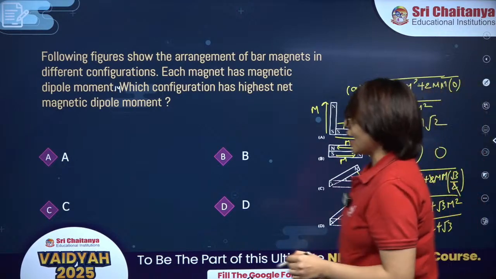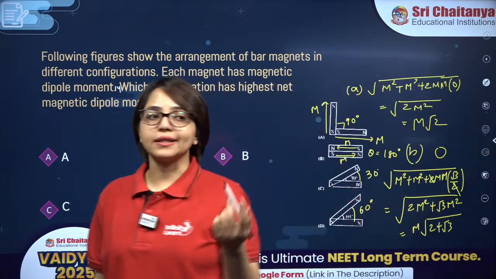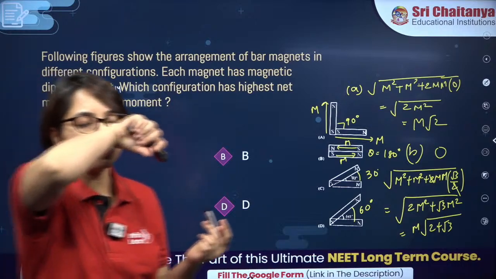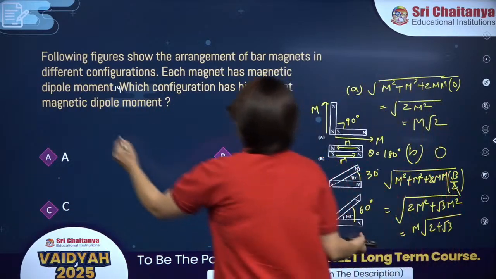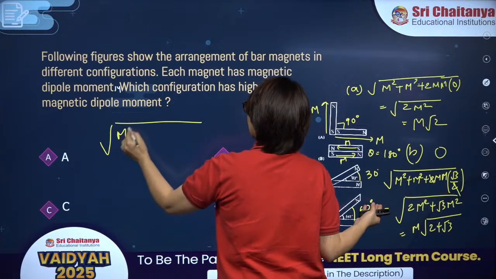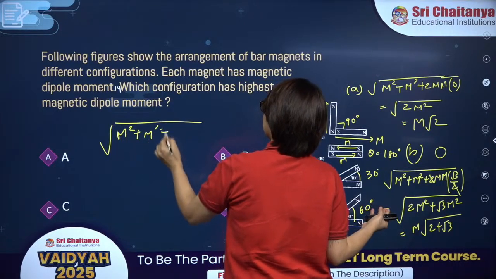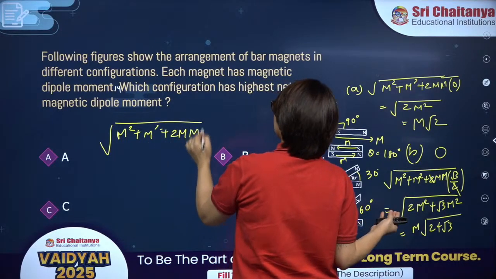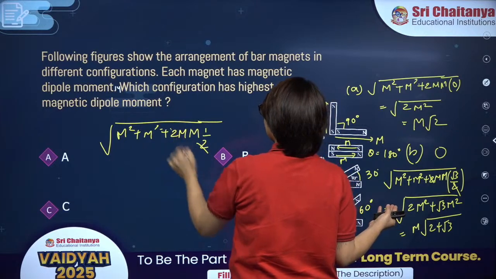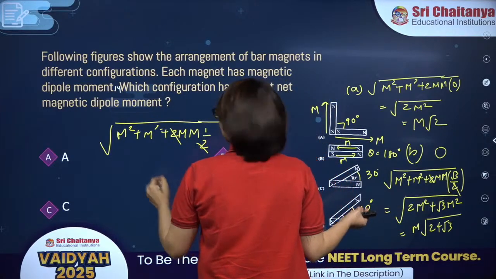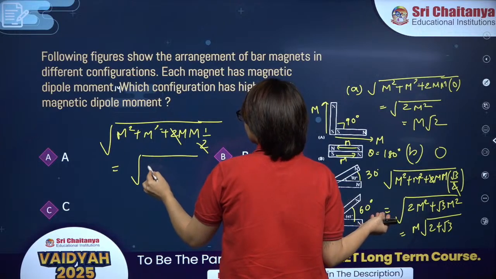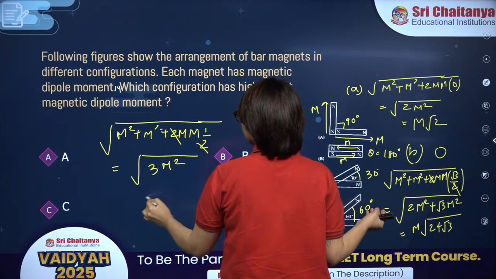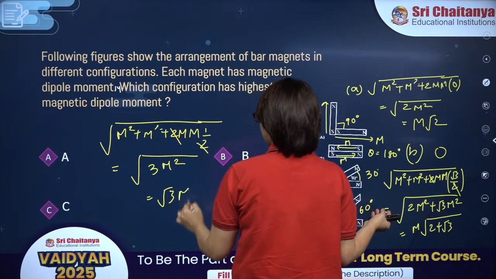For the fourth one, the angle is 60 degrees. Cos 60 degrees is 1 by 2. So in this case, it will be the square root of m1 squared plus m2 squared plus 2 m1 m2 cos 60 degrees, which is 1 by 2. So it will be the square root of 3m squared, so it is root 3 times m.